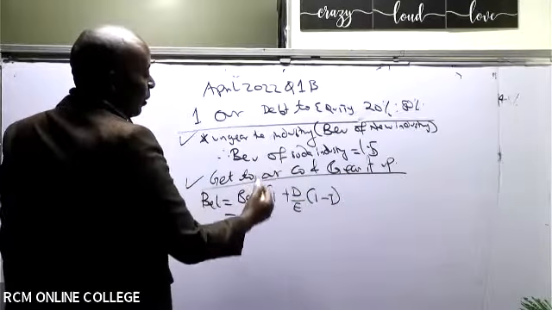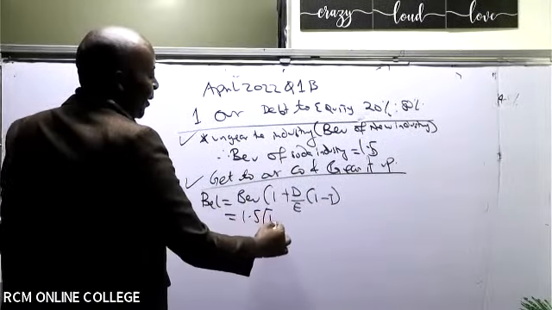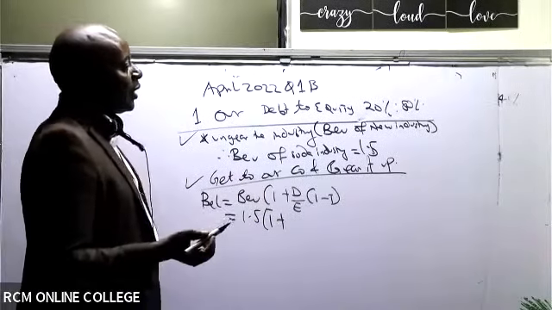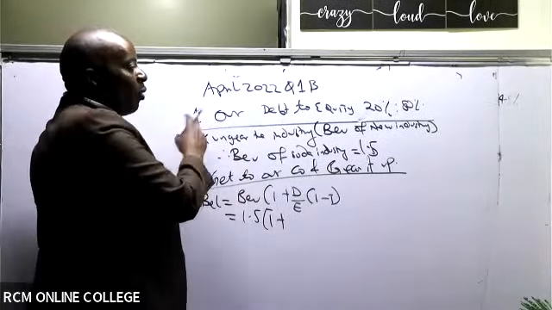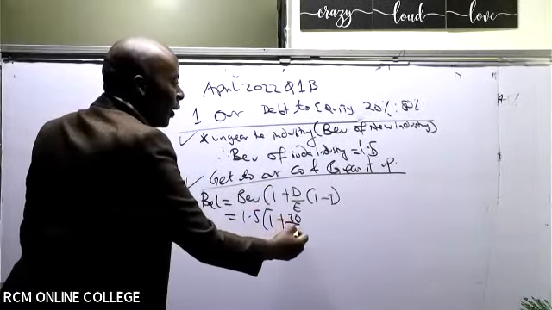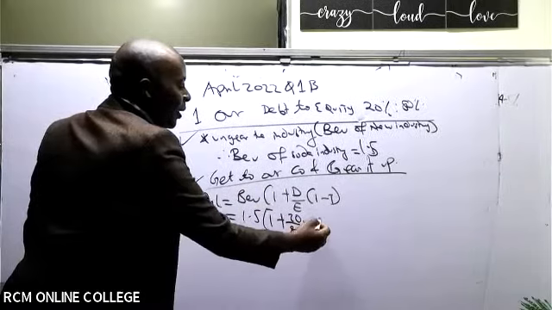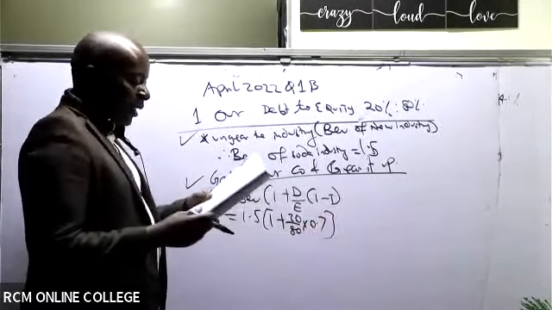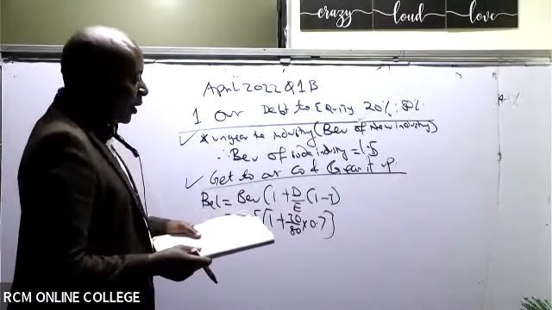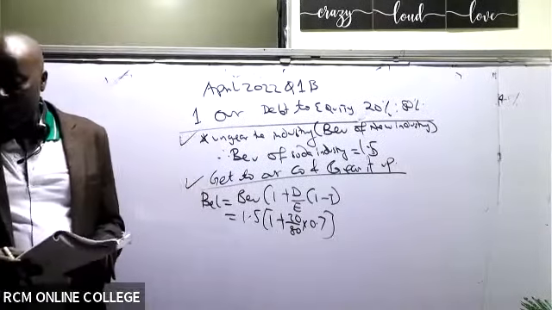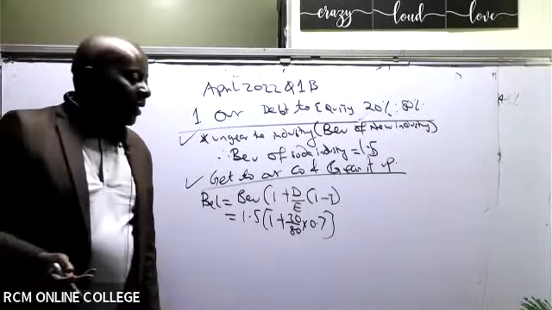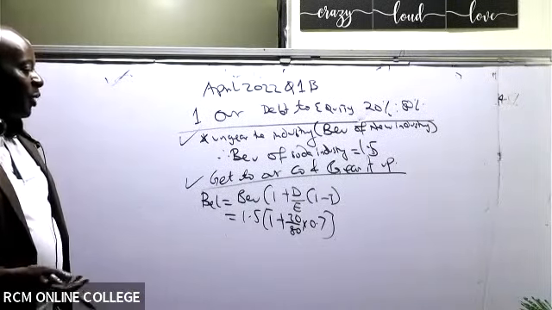So we are using 1.5 into 1 plus debt over equity. Our debt over equity, remember, from number 1, will be 20 over 80 times 0.7. Tax is 30%, note number 8. That's very good. So are you able to give us our beta?